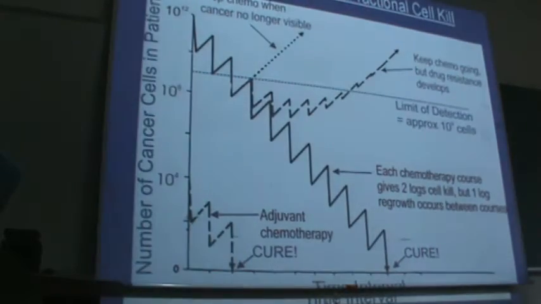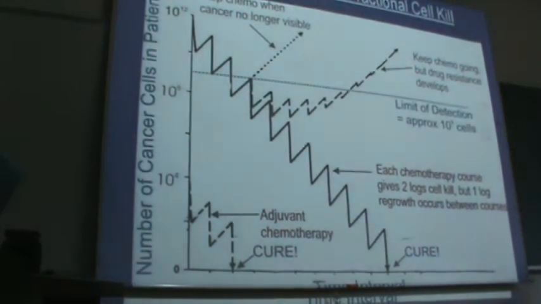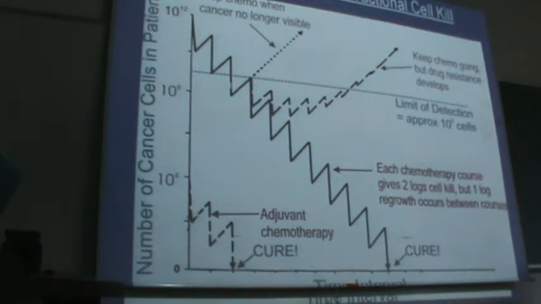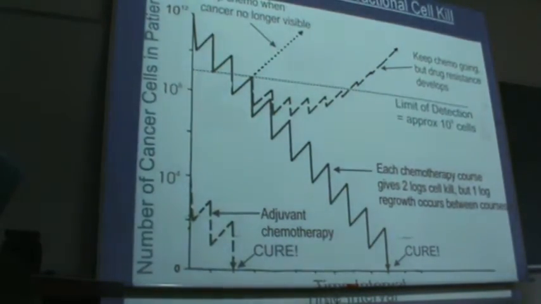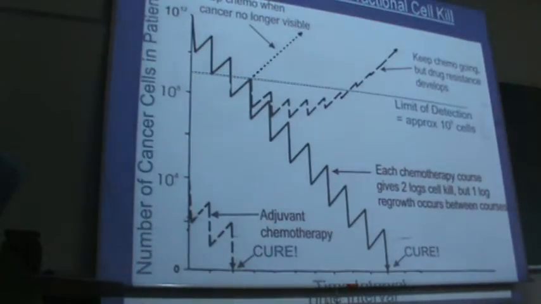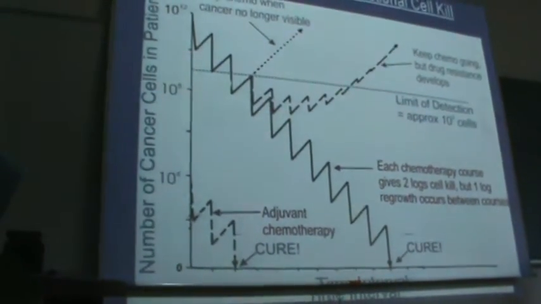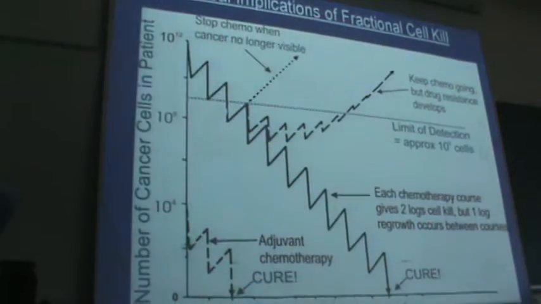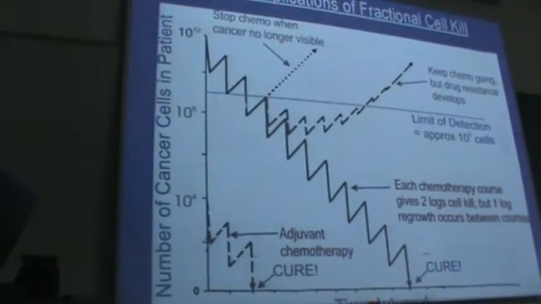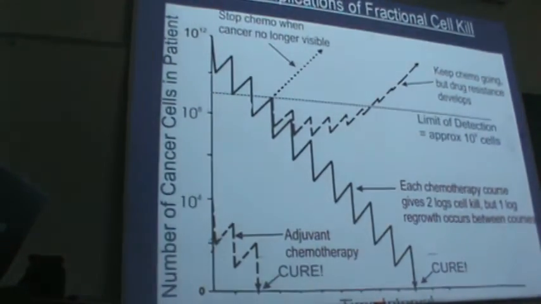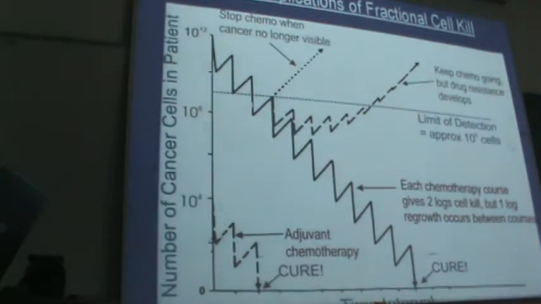But when we stop the chemotherapy and wait for the second dose, there will be a growth by 1 logarithm, okay? So the end result at one cycle is 1 logarithm. Probably it is not easy to understand, so if we use chemotherapy, we just say that the remaining part of this is 1%, okay?